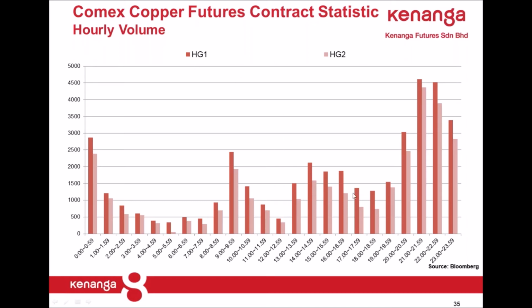So this is still a very active market, and it is very suitable if you are working a 9 to 5 job, where after working hours it is very active. As you can see, it is active ever since the start of maybe 7 p.m. onwards until 12 to 1 a.m.